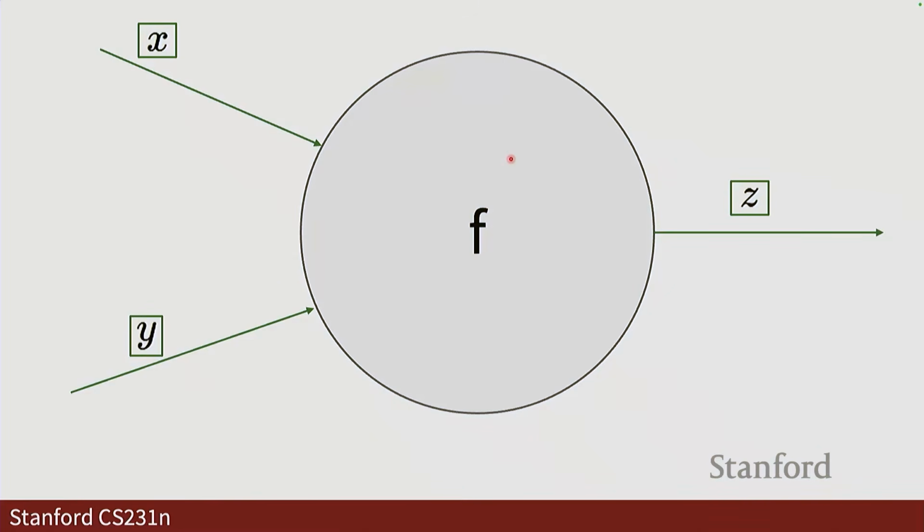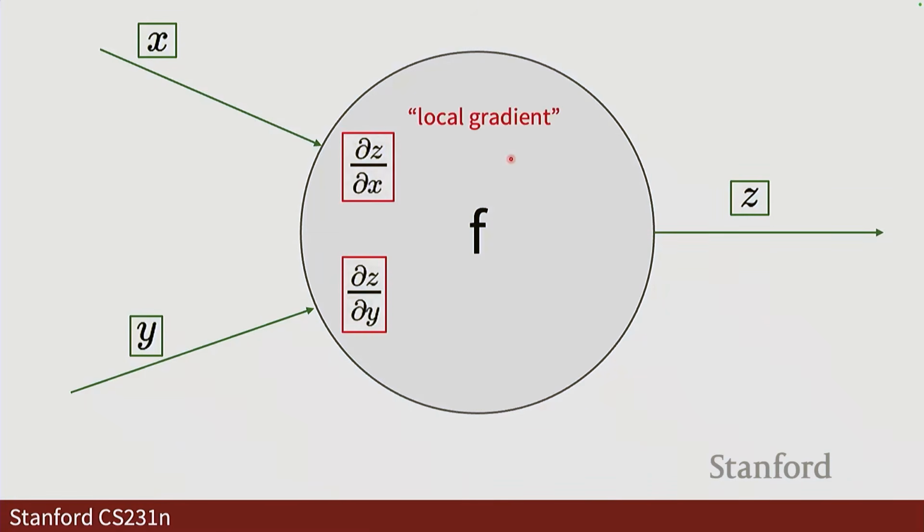For every single node in the neural network, having x and y as input or whatever else, and z as the output, what we need are first the local gradients. We have the function f, it's a function of x and y.